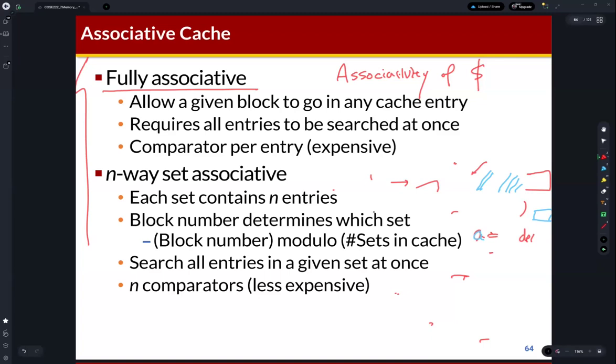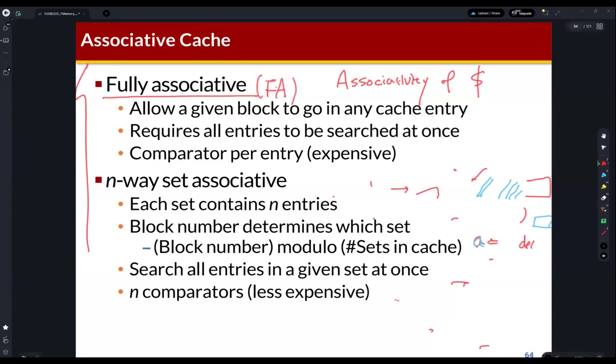Fully associative cache means that the requested block can be allocated in any available block in the cache. So in the fully associative cache, there is no concept of cache index.